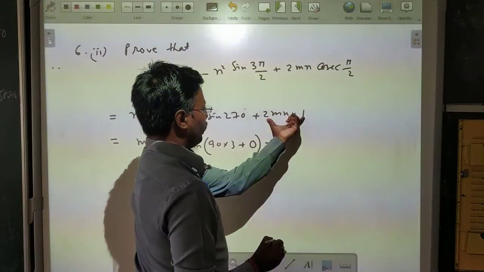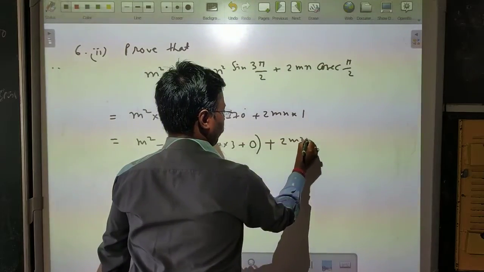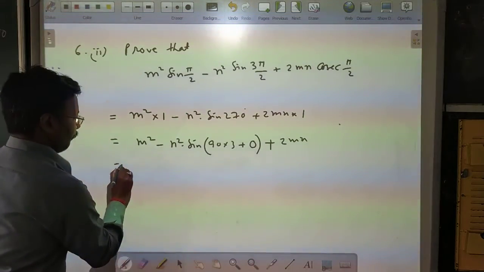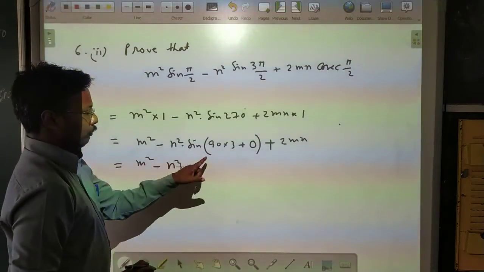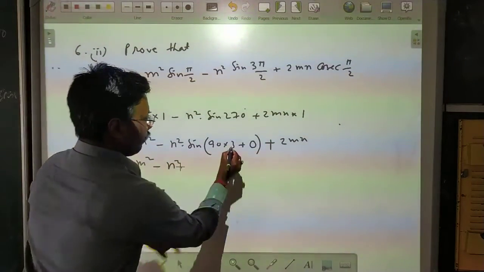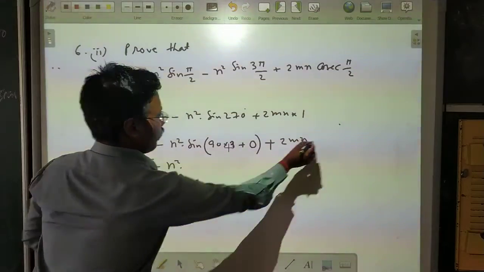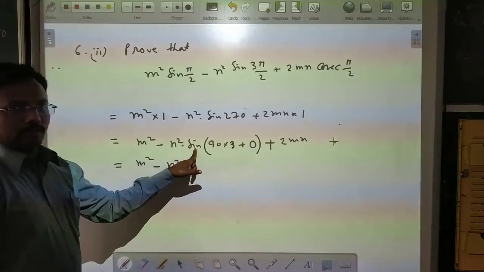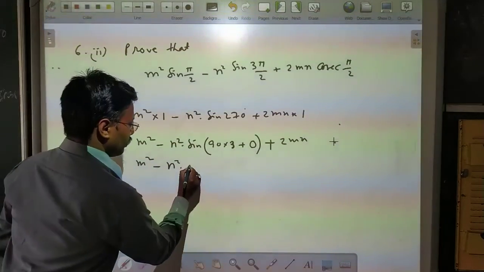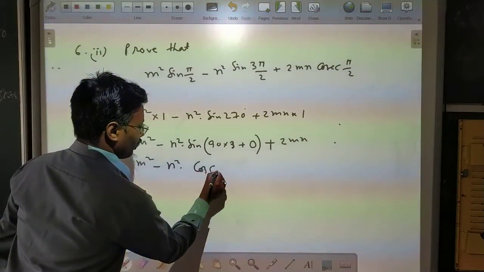And from this we are getting 2mn. So m square minus n square into. Now if you look at this number, it is 3. So odd number. So if it is odd, we need to change this trigonometry ratio. Sine changes into cos. So we get cos 0.